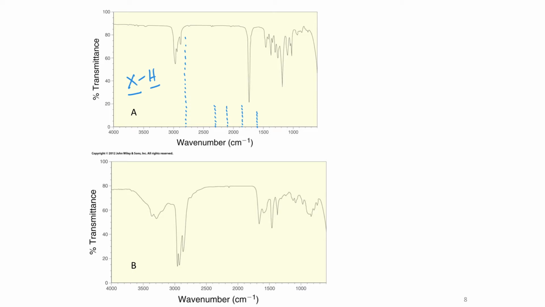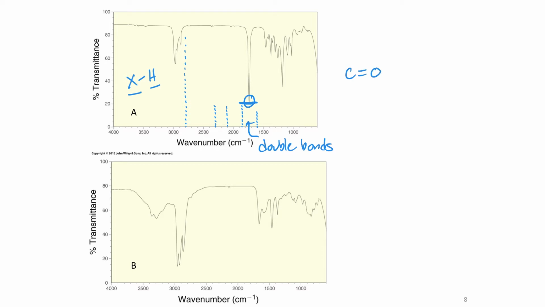So we have our first interesting peak here, and this is from double bonds, CC, CN, or CO double bonds. And in this case, because it's so strongly absorbing, this is a CO double bond.